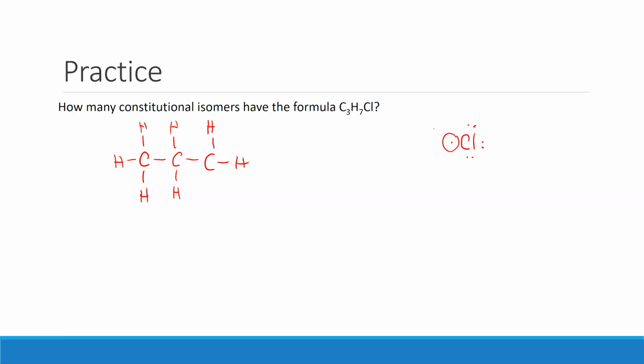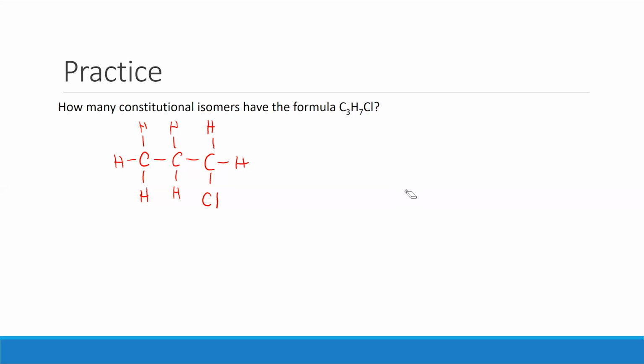So it makes sense that this chlorine would fill the last position on this carbon. Chlorine is making 1 bond, it's happy. All of the carbons are making 4 bonds, they're happy. And we have the correct number of everything in our molecular formula. So this is just to start. Now we know that we have drawn out at least 1 iteration of an isomer.